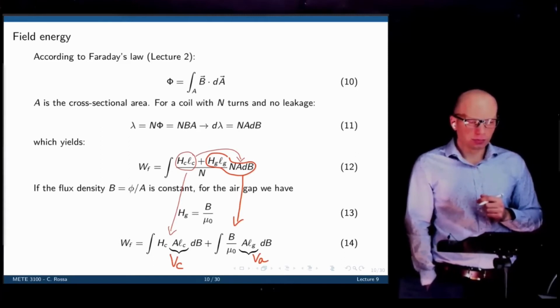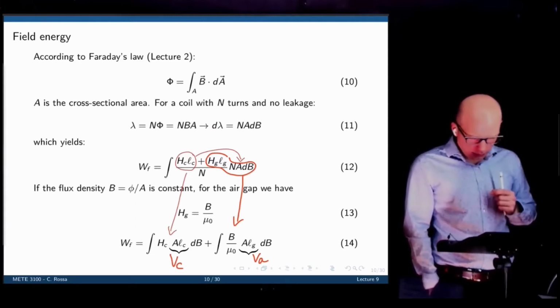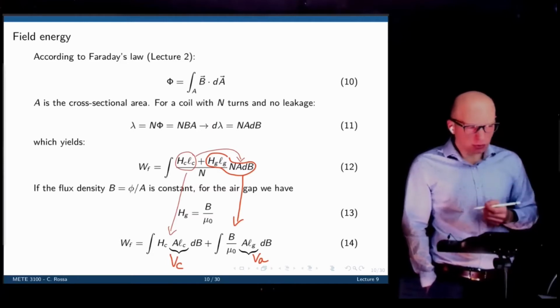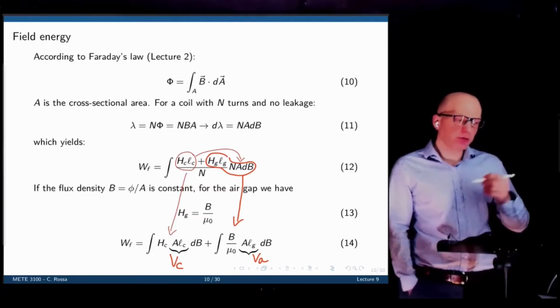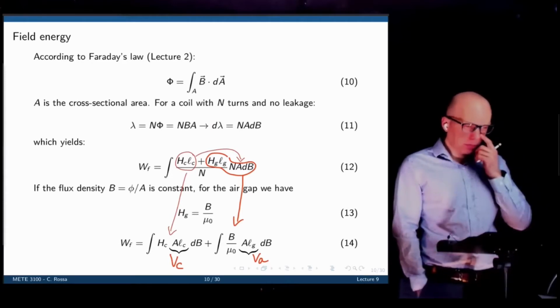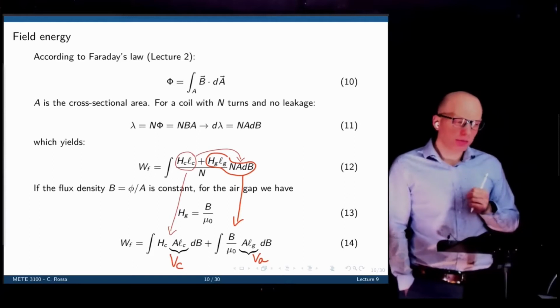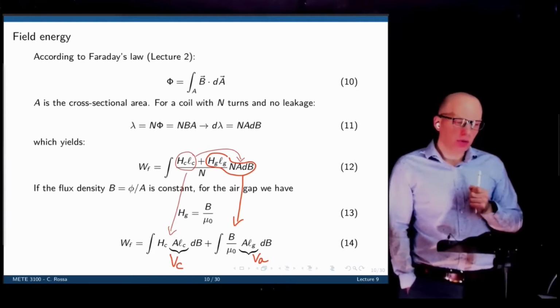Yeah, what were our bounds of integration for this case? Sorry, could you repeat that? What are our bounds of integration? The bounds would be from 0 to B, because you're integrating over dB. Okay, 0 to B. And that's the B that you said was constant throughout the whole core and the air gap? Exactly.